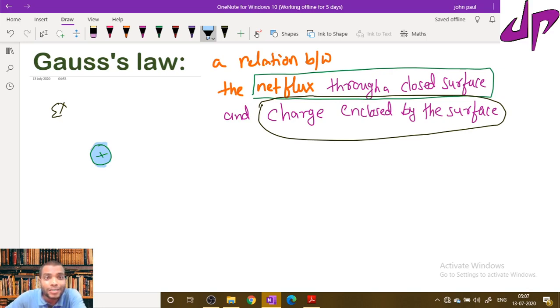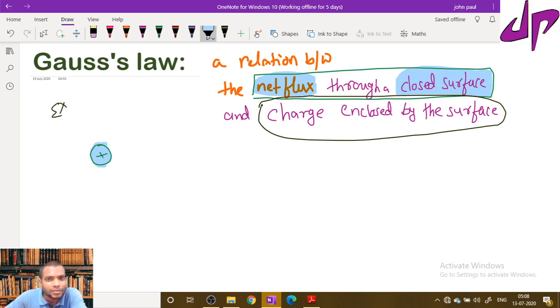Here Gauss's law says you select a closed surface, and the total flux through the surface, it means only the net flux.